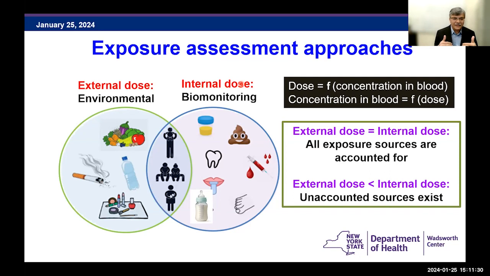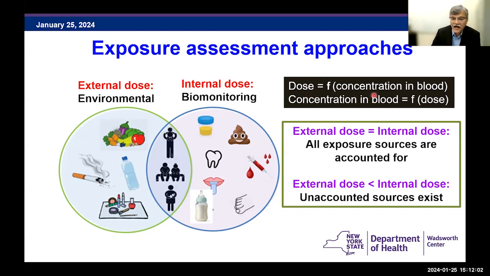Theoretically, they should match, right? So that's what we try to do in our research component. Do they match? If I am measuring phthalates in food, water, air, personal care products and calculate an exposure dose, does it match with the exposure dose calculated by measuring phthalates in urine? If they don't match, then we are missing something. Maybe something is wrong with the calculation, or we are missing some of the exposure sources. That's what we try to do.